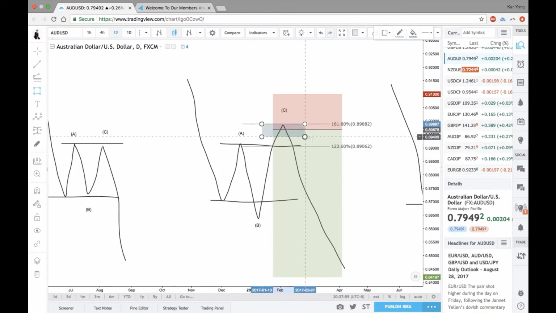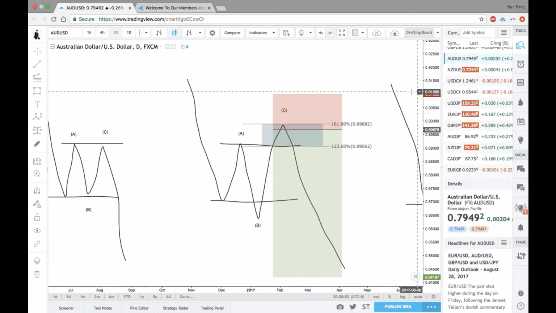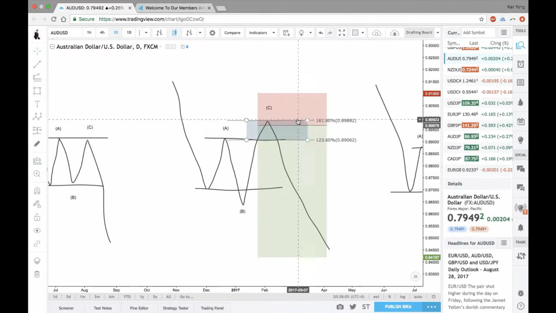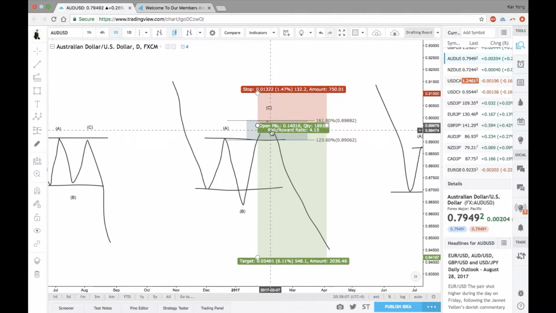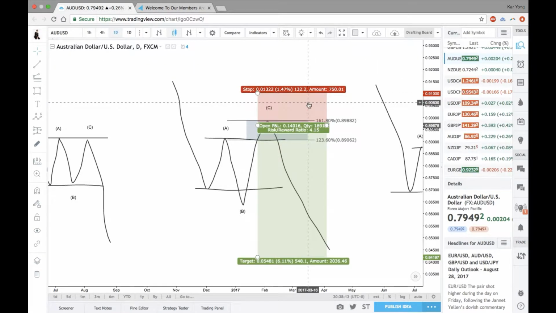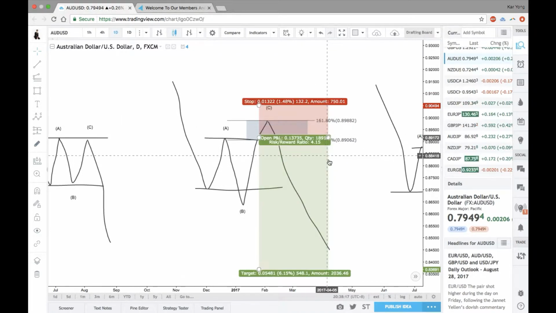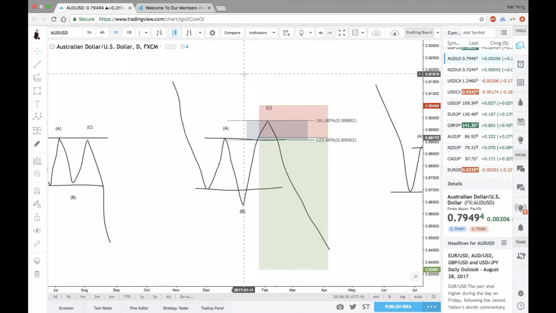That is the region that you want to look out for. That means when you want to trade a flat, always forecast a 1.618. If you want to put your entry, you either put 123.6. If you put 123.6, your stop loss needs to go above 1.618.